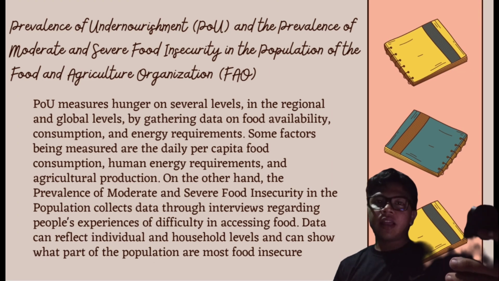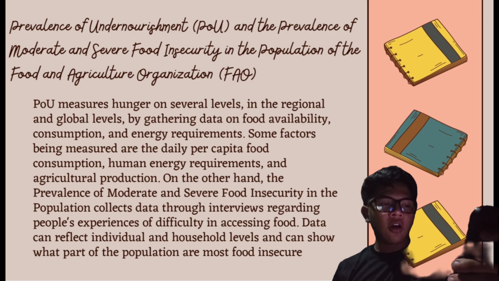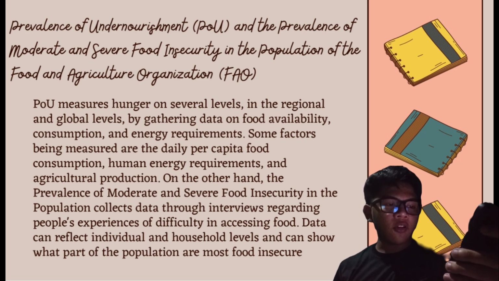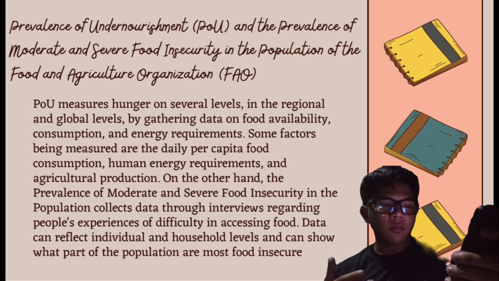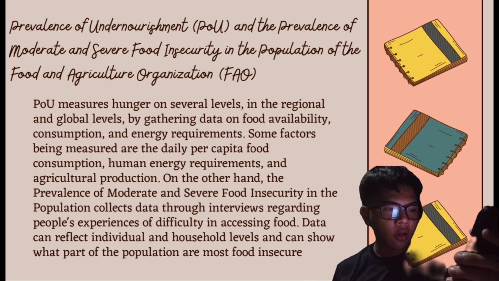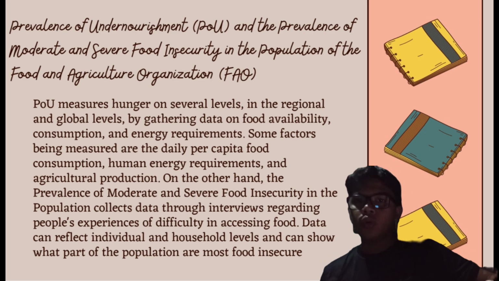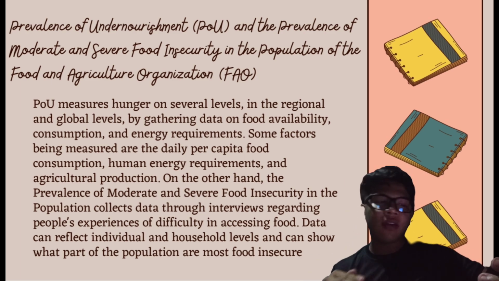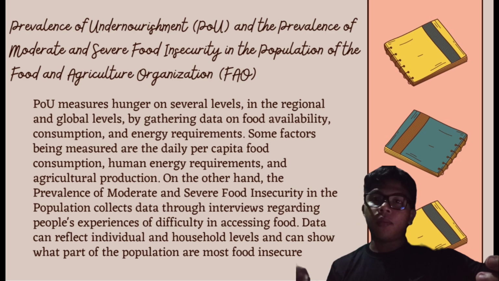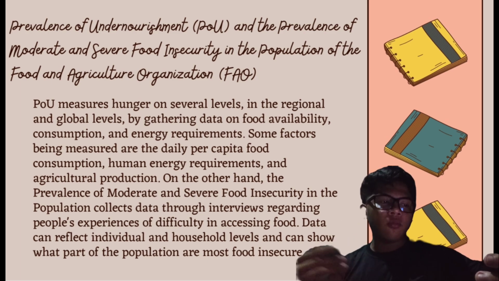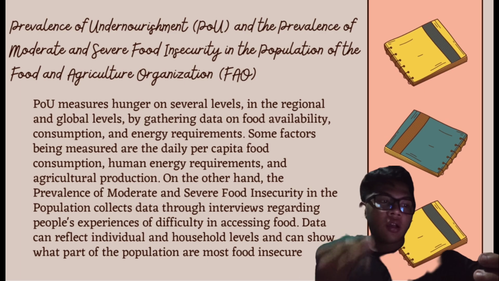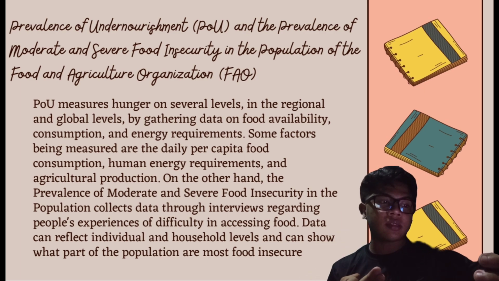In the next slide, the prevalence of undernourishment and the prevalence of moderate and severe food insecurity in the population, from the Food and Agriculture Organization, or FAO. The POU measures hunger at regional and global levels by gathering data on food availability, consumption, and energy requirements.